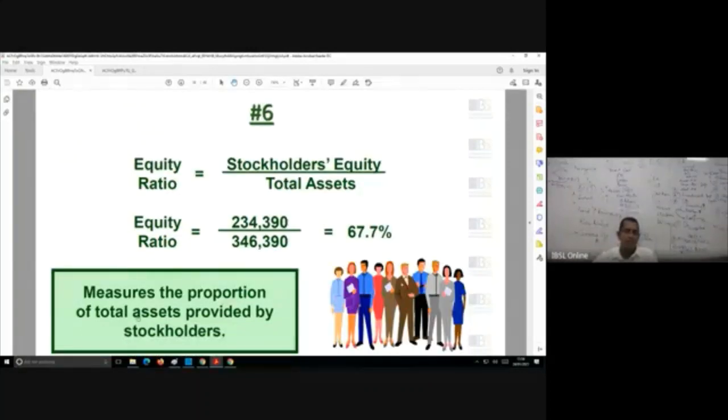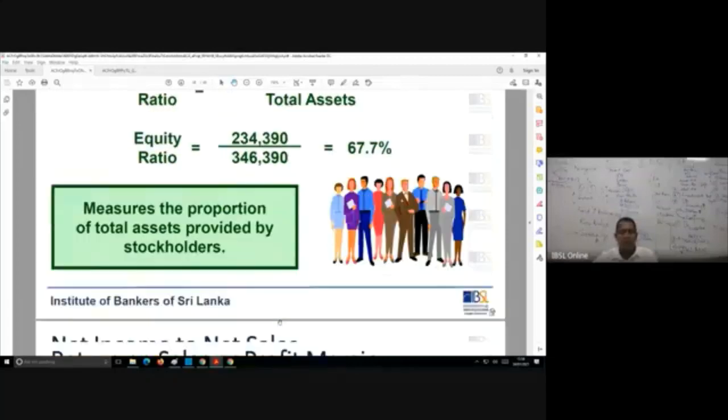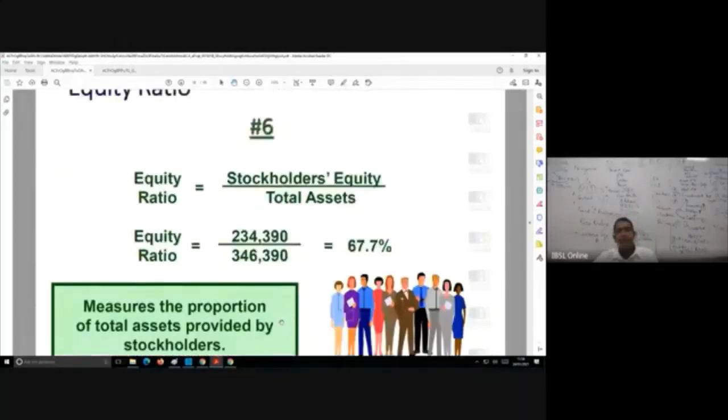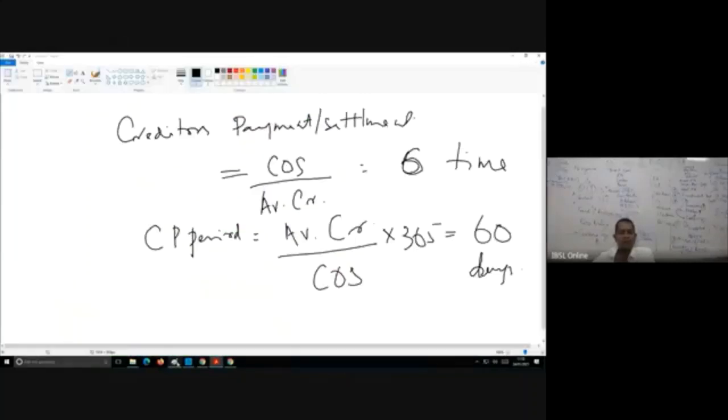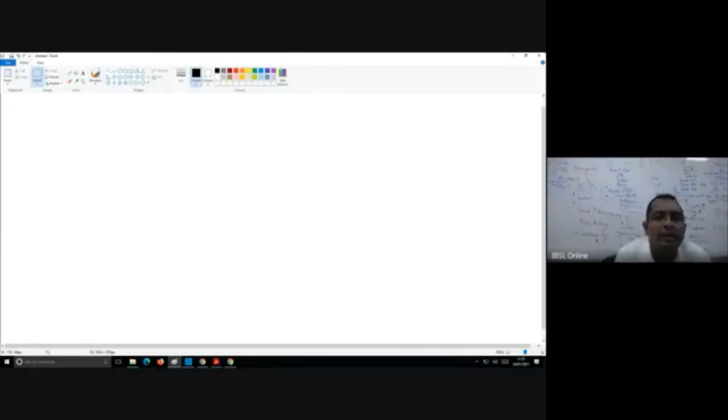It measures the portion of total assets provided by the shareholders, right? So this ratio can be written in different ways, right? It can be written like this.